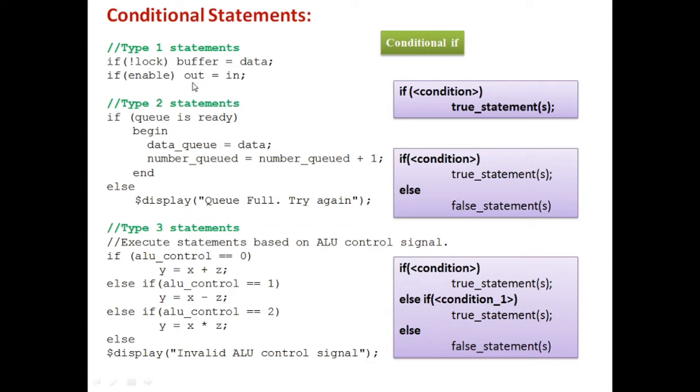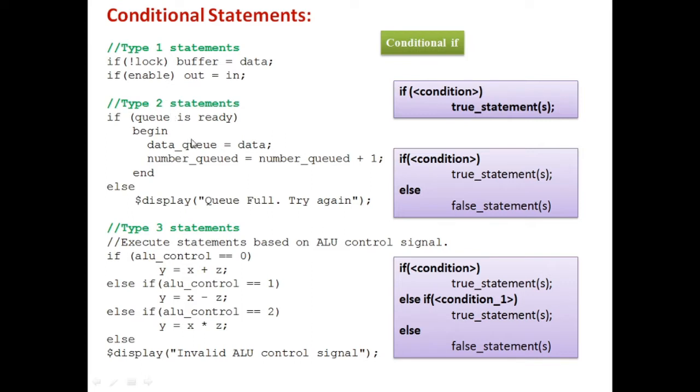Generally, whenever you open the lock of your house, you can easily enter inside the house. The same scenario here also: whenever there is no lock, the content of this data register is transmitted to the buffer register. And similarly we have one more example, if enable, out equal to in. That means out blindly follows in when this enable signal is in logic 1, or it is a true condition.